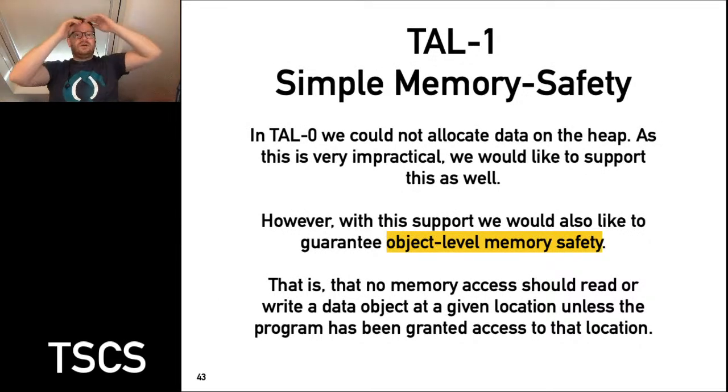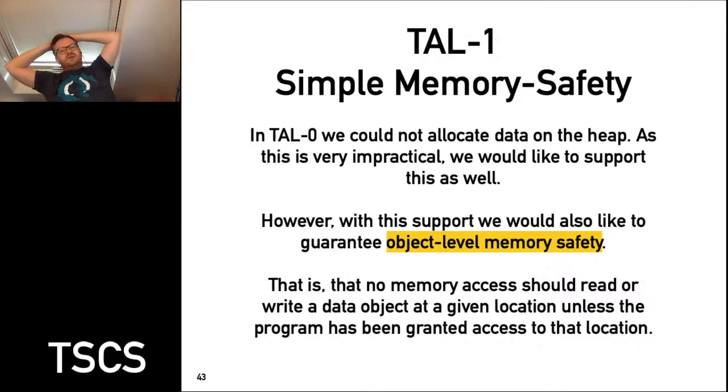Before we close for today, just a simple addition, which is TAL1. This is called simple memory safety, and this is what it adds to the game. As you can see in TAL0, we could not allocate any data on the heap. This is in practice not very helpful, and we would like to support this as well.